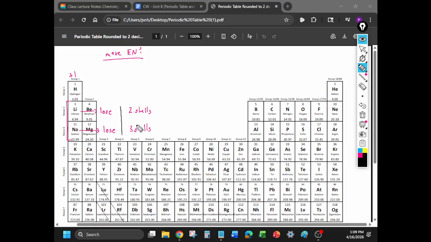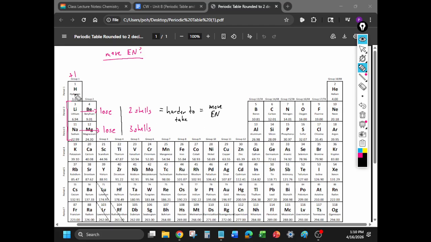If you have fewer shells, is it easier to take electrons or harder? It is harder to take electrons because it's closer. And if it is harder to take, it means that it is more electronegative.